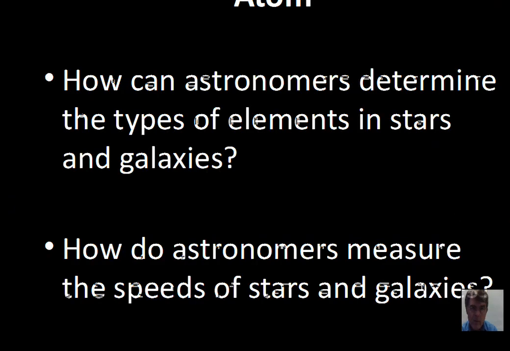So, how do astronomers determine types of elements in stars and galaxies? They measure emission and absorption lines, and we realize now that those emission and absorption lines are due to changes in the energy level in the atoms. Each atom has a different energy structure for its electrons. Each atom has different energy orbits, and consequently each atom will emit different wavelengths of light and absorb different wavelengths of light.